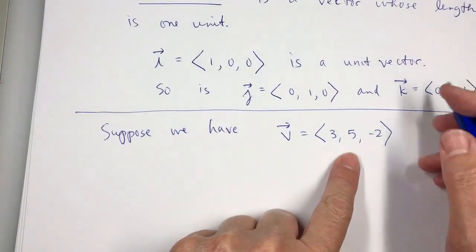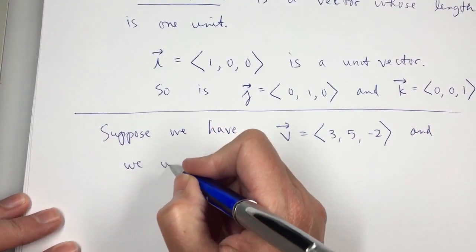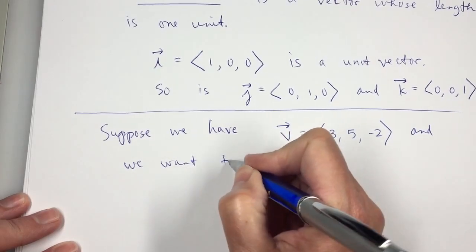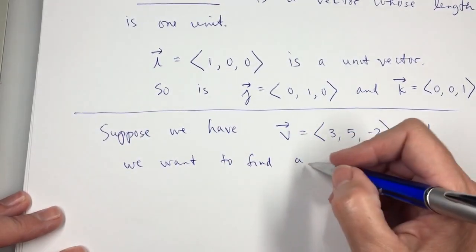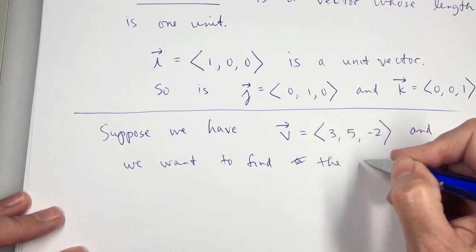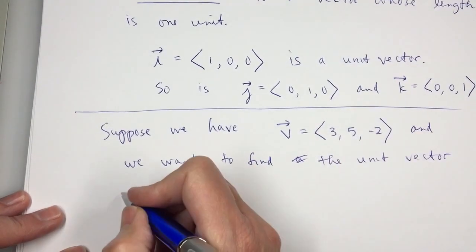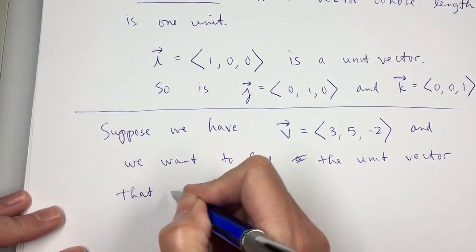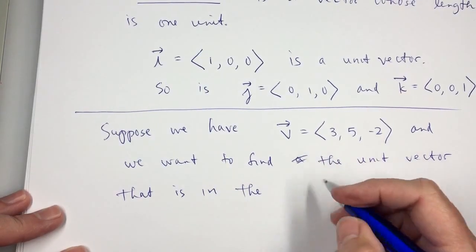But here's vector V, and we want to find a unit vector. I guess it would be the unit vector that is in the same direction of V.